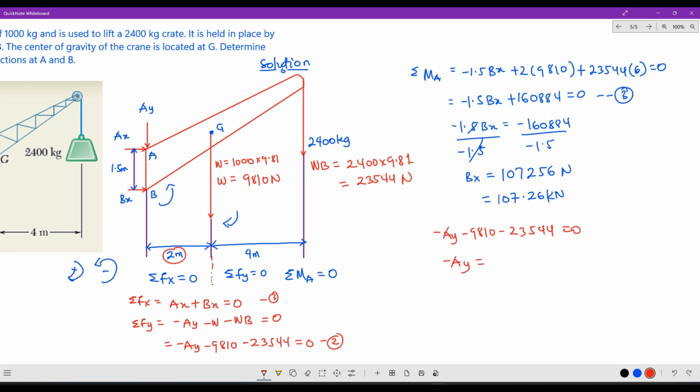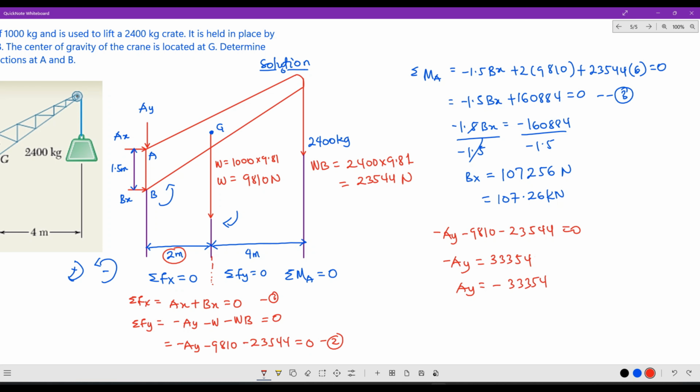That'll give us a value of 33354 Newton. So we're going to have AY equal to minus 33354.